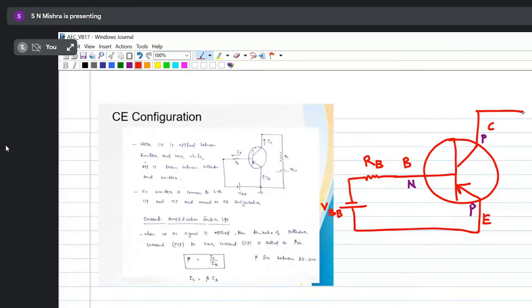I'll connect one resistor here across the collector and name it RC. Then here and here I'll connect one voltage. So I'll connect this voltage such that collector is at lower potential and emitter at higher potential.